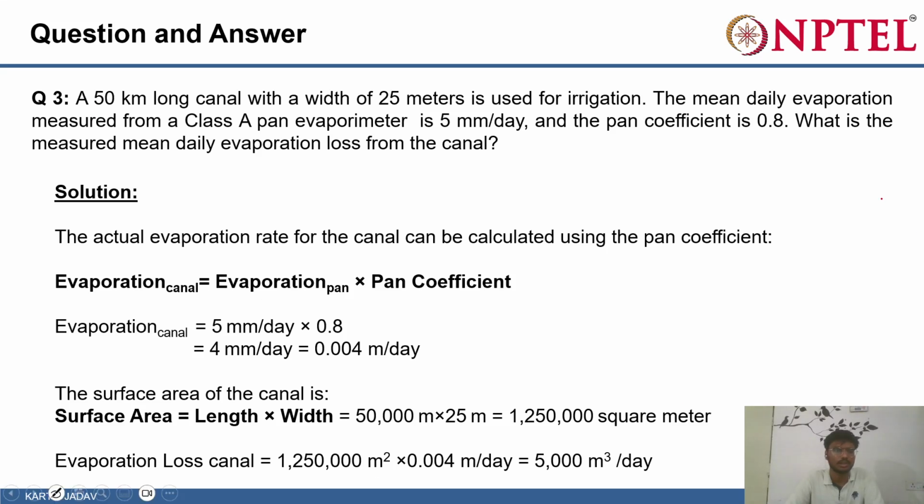Next question: a 50 kilometer long canal with a width of 25 meter is used for irrigation. The mean daily evaporation measured from a class A pan evaporimeter is 5 mm per day and the pan coefficient is 0.8.